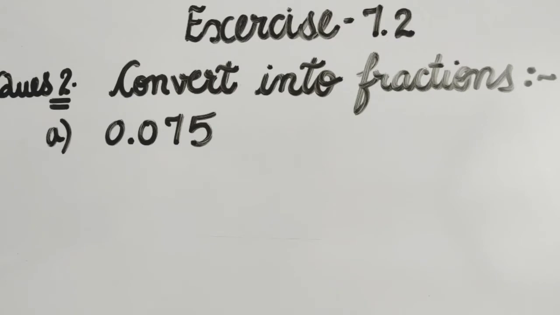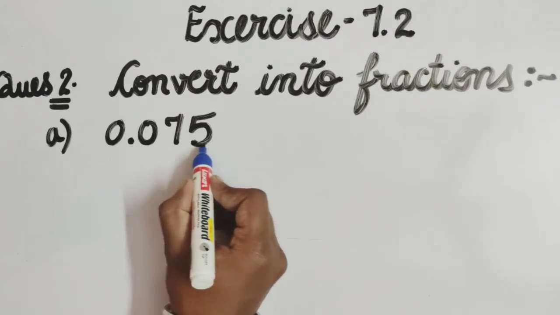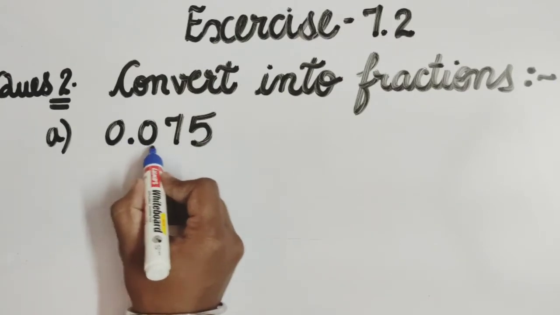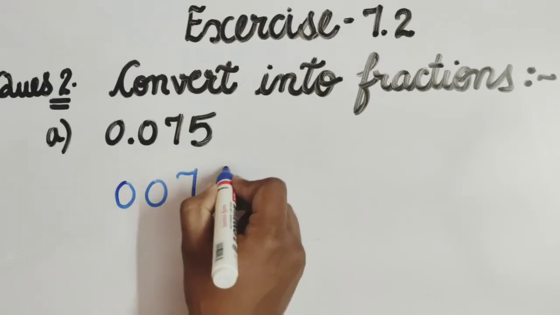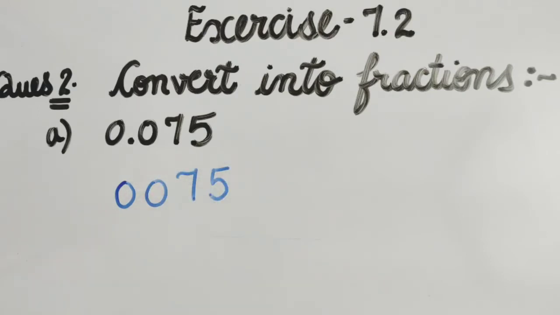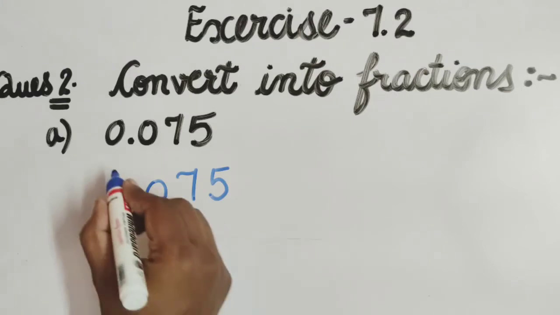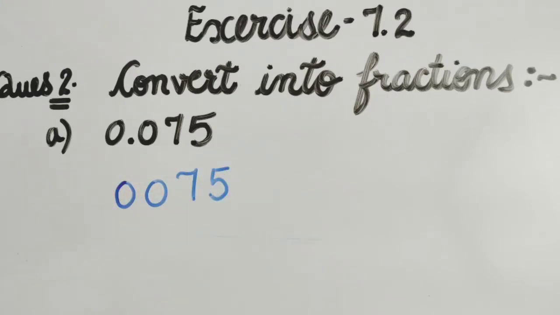Our first step is we have to write the number without the decimal point as the numerator of the fraction. Yes students, what is our numerator without the decimal? 0, 0, 7, 5. So the first step is to write the numerator without the decimal.